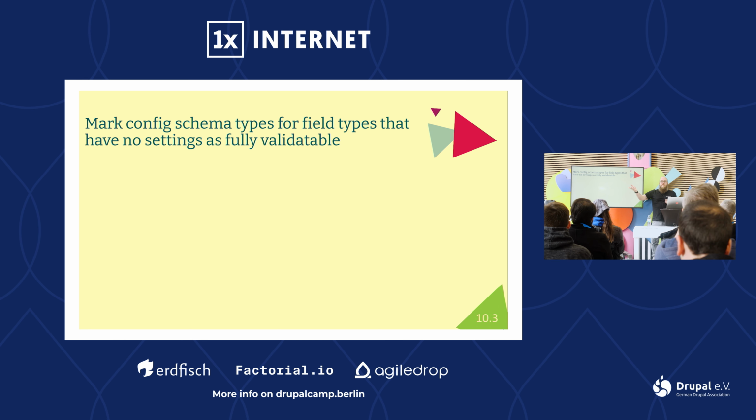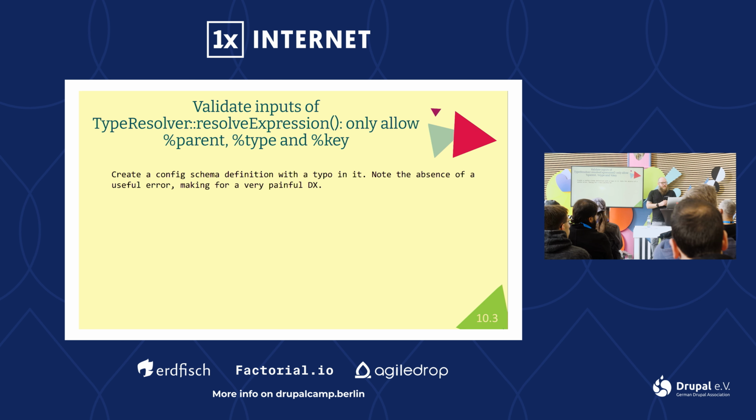Config schema types for field types that have no settings are fully validatable, because there's no way to make them configurable, so that was an easy win.